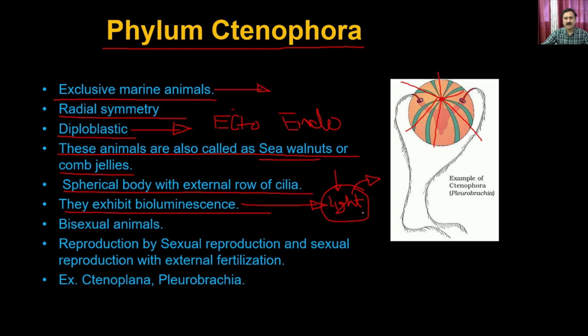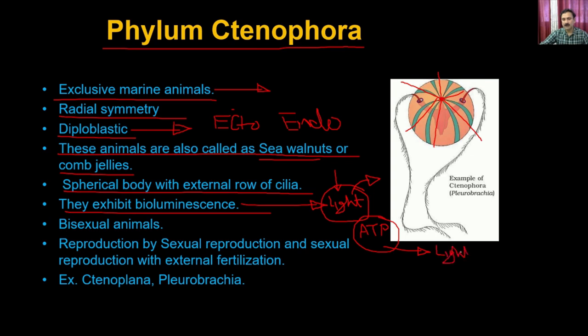How this phenomenon occurs is when the organism is running some metabolic reactions, ATP is being used, and that ATP is going to be broken down to produce the light.